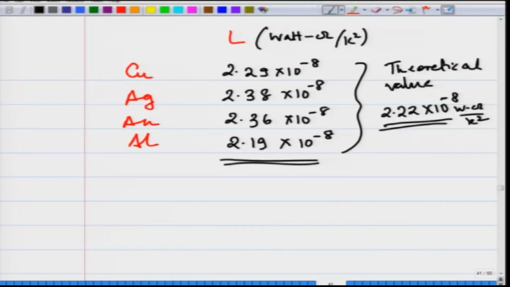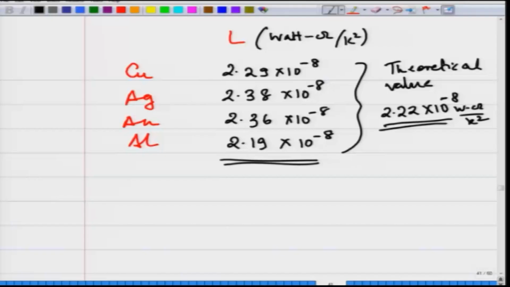The Wiedemann-Franz law is valid over all these different classes of materials, where we had found that there were some inadequacies, that if you look at the Hall effect, then certain aspects of the Hall effect were not consistent across these different metals, which could not be explained by Drude's theory. But here you have a quantity L and the Wiedemann-Franz law, which seems to be valid across all these materials.